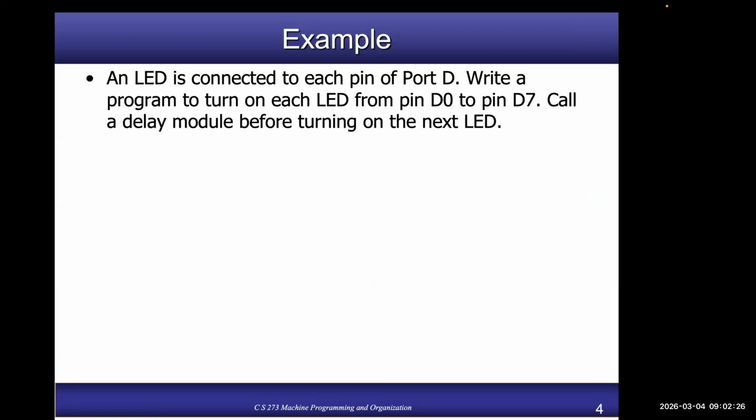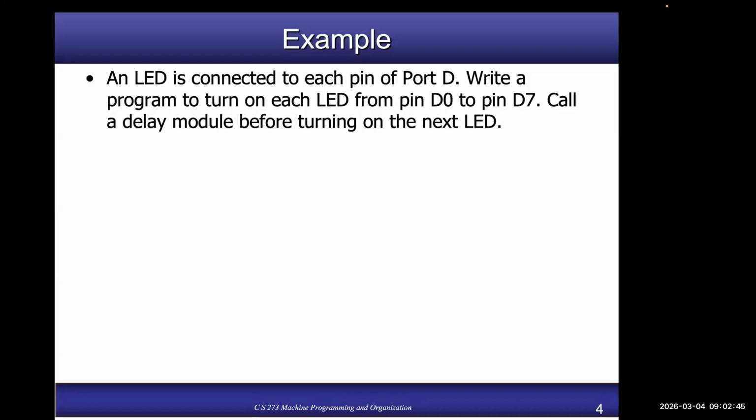In this example, we assume that an LED is connected to each pin of port D. Remember, port D is 8-bit wide, right? So we have connected 8 LEDs, and we want to write a program which turns on each LED from pin D0 to pin D7 in sequence.